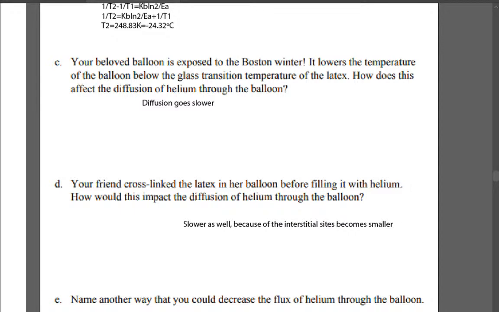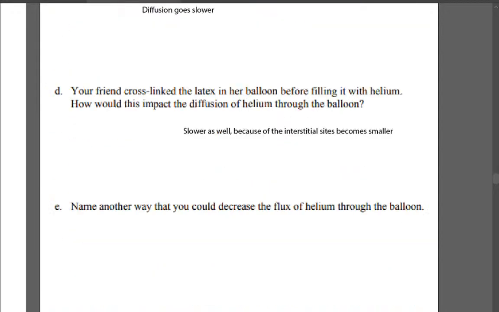And then lastly, name another way that you could decrease the flux of helium through the balloon. Well, you can actually just affect the temperature. That's one thing. Or maybe the thickness of the balloon. Or density. That could also work.